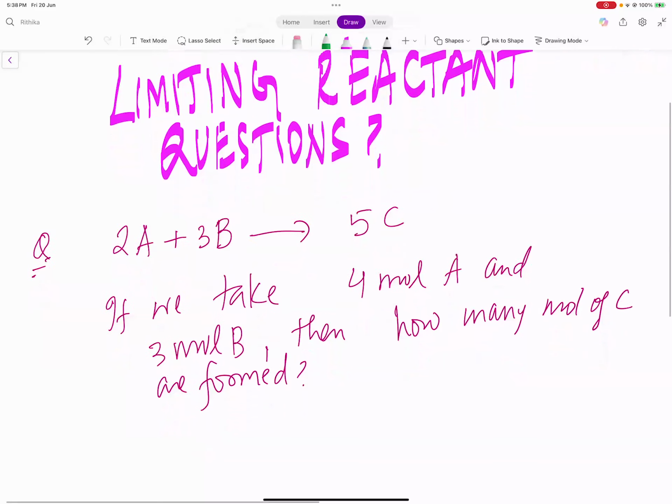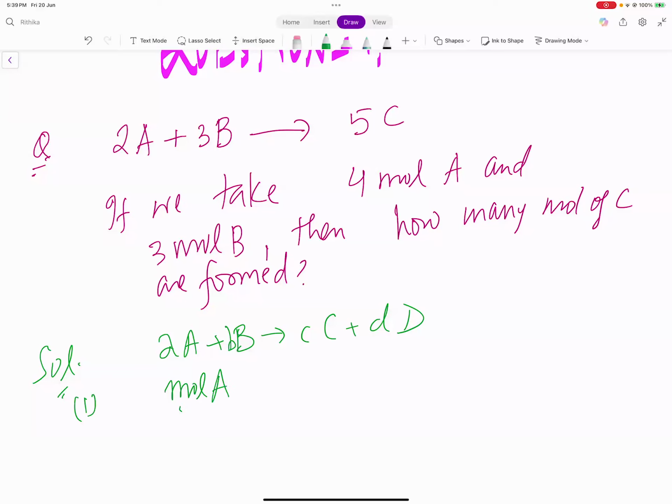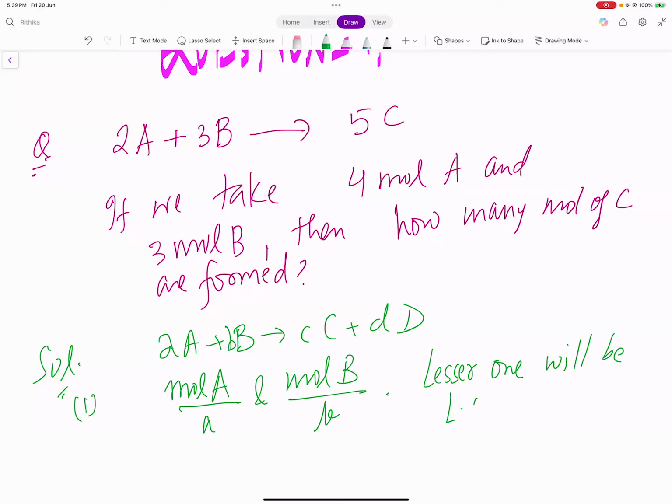Now, how do we proceed? A plus B goes to C plus D, this is the general equation, right? Yes, sir. So we will compare mole A by a and mole B by b, and the lesser one will be the limiting reactant.